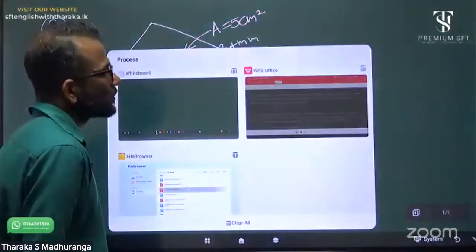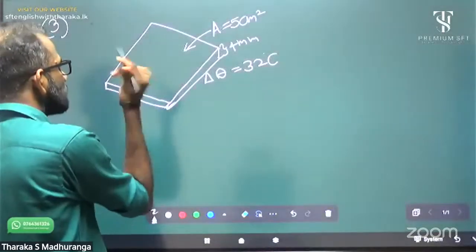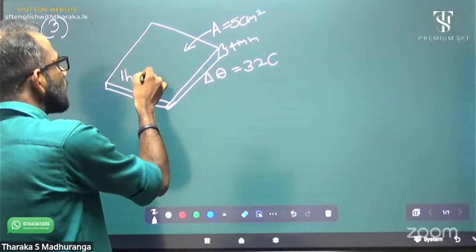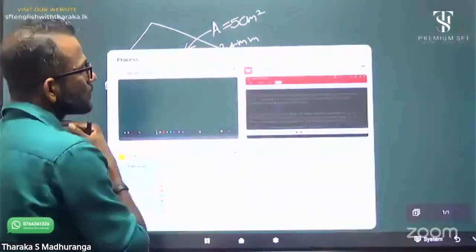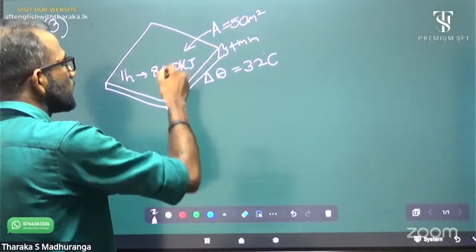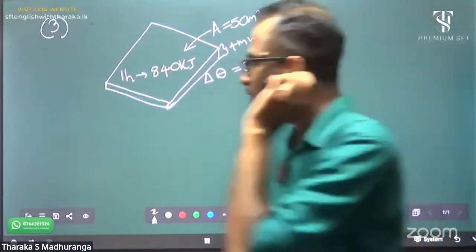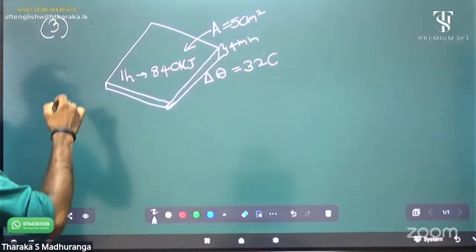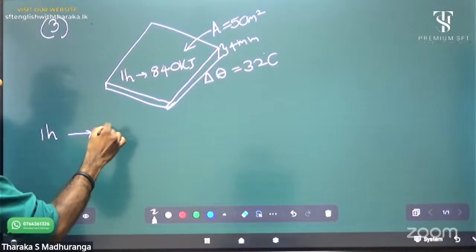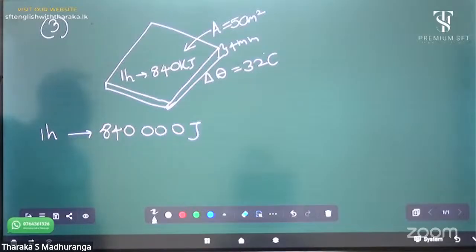What else is given? Within 1 hour, that's the most important thing. Within 1 hour, it transfers 840 kilojoules, that means 840,000 joules.